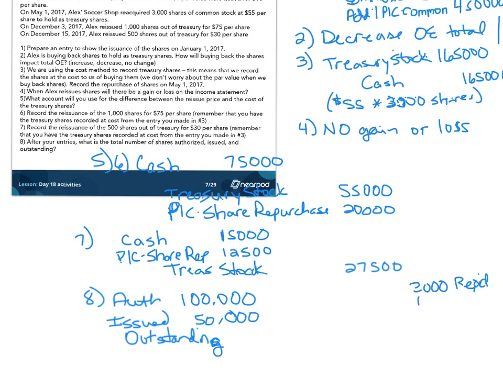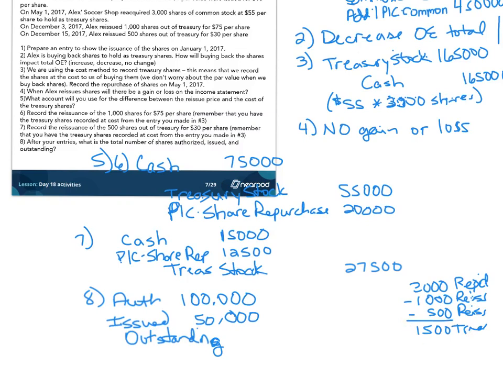Then we reissued 1,000, and then we reissued 500 more. And so that means we have 1,500 Treasury shares. The only difference, like I had in my picture, between issued and outstanding is the number of Treasury shares.